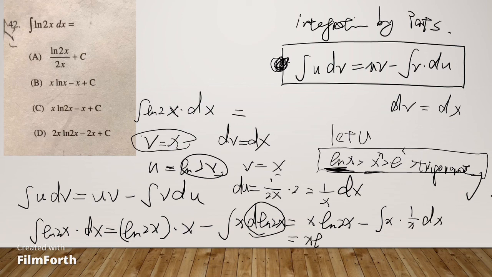Next step, we just simplify it. It's the integral of 1 dx. So which means x ln 2x minus x plus a constant. So we should choose C.